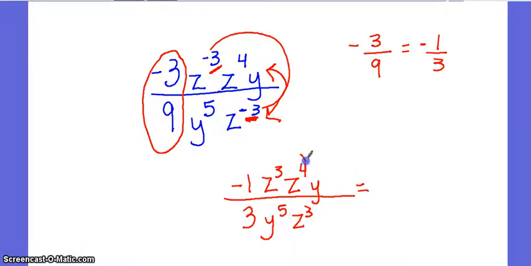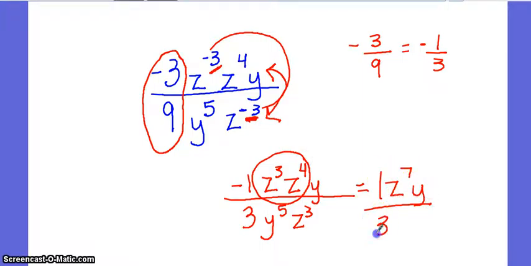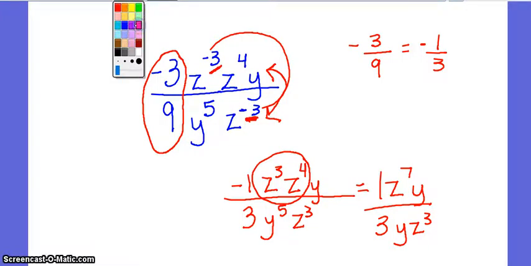Now you can combine like terms, which you're going to have z^7 y on top, and 3y z^3 on the bottom.